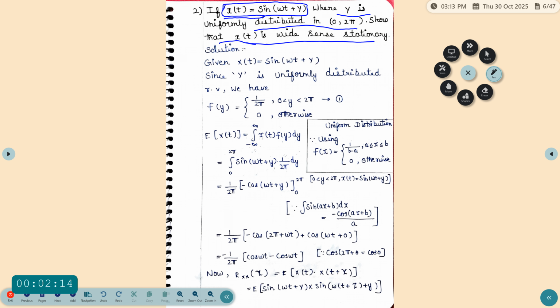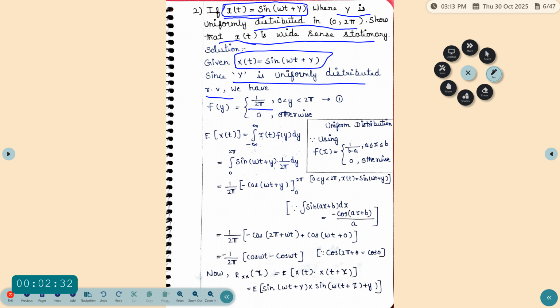So the given function, take X(t) = sin(ωt + Y). Here Y is a uniformly distributed random variable. So already we know that Y is uniformly distributed, which means here f(y) = 1/(2π).